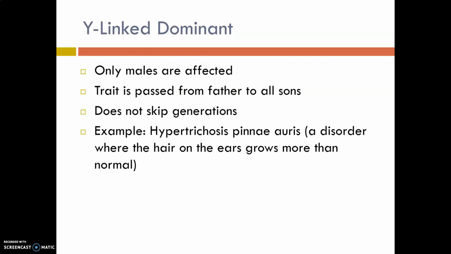These examples are super hard to find for a Y-linked dominant, so this is a very obscure example. It's a disorder called hypertrichosis pinnae oris, where the hair on the ears grows more than normal. Hypertrichosis in general is a disorder where hair grows abnormally, but the one that's Y-linked dominant is specifically the one where the hair grows abnormally on the ears.